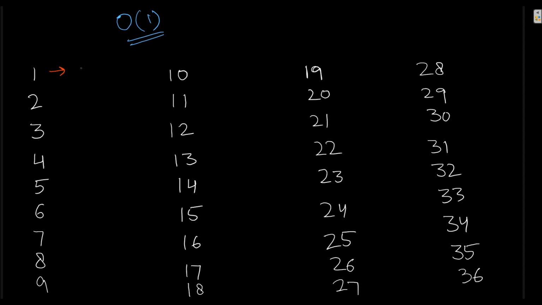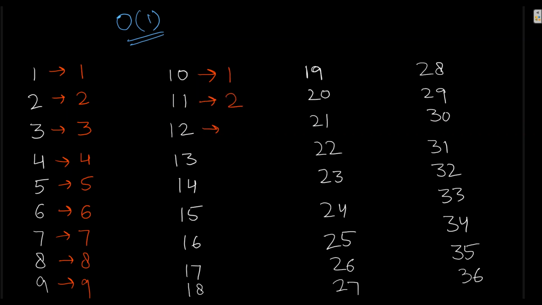As this is a single digit, I'll simply write 1. I'll just copy this from 1 to 9. It's simply the single digit, so I need not do any operation on it. But when it comes to two digits, it's 1 plus 0, 1, 1 plus 1, 2, 1 plus 2, 3, 1 plus 3, 4. Similarly, I'll calculate from 10 to 18.